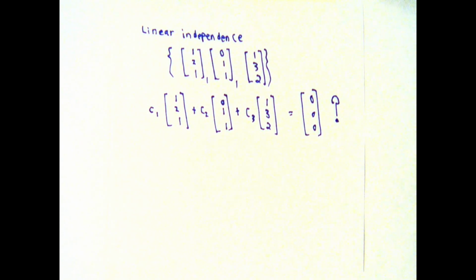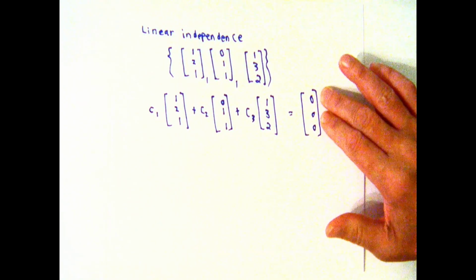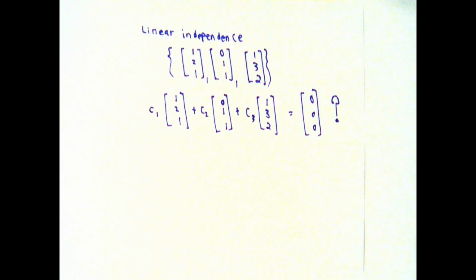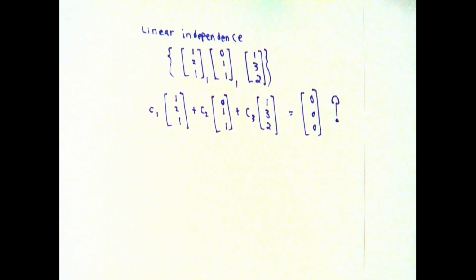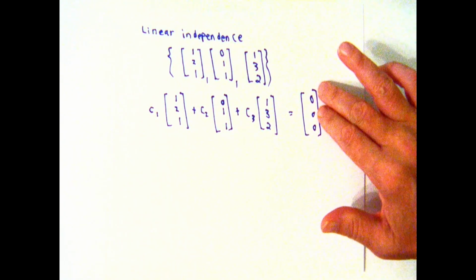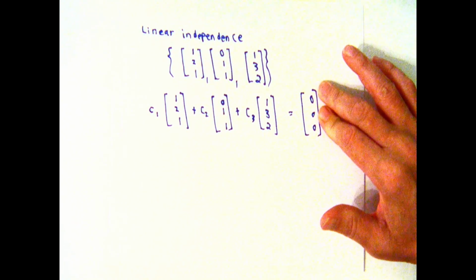Obviously, if I made C1 and C2 and C3 equal to 0, I would end up with the column vector of all zeros. Is there any other way of doing that? Is there any way to pick C1, C2, and C3 so that they're not all 0, and yet I get the column that has 3 zeros in it for an answer anyway?